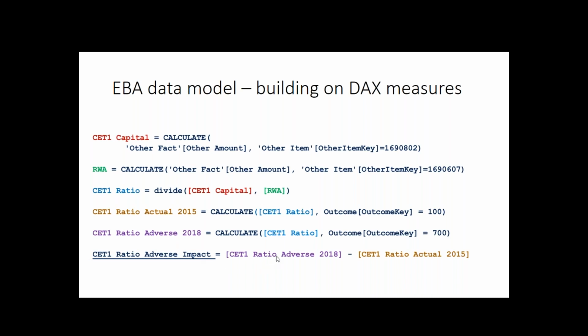You can see it's the 2018 value less the 2015 value, and the 2018 value is basically a ratio filtered on an outcome key. This outcome key is the outcome for 2018 adverse, that's 700, and that CET1 ratio is capital over RWA, the y-axis over the x-axis that we described, and then here's how we calculate the capital and the RWA.